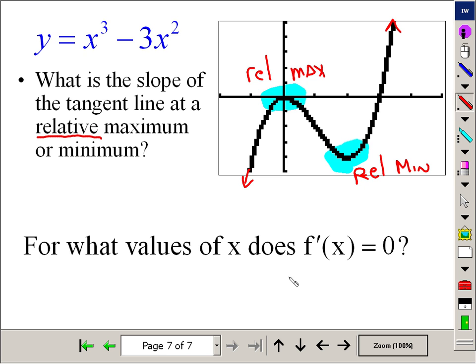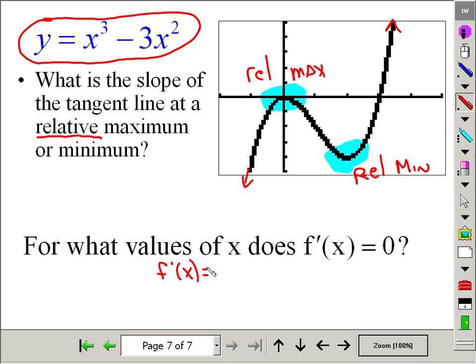But now the question is the same. For what values of x does f prime of x equal 0? Take your original function. Let's figure out f prime of x, which will be 3x squared minus 6x, and we're going to set it equal to 0.